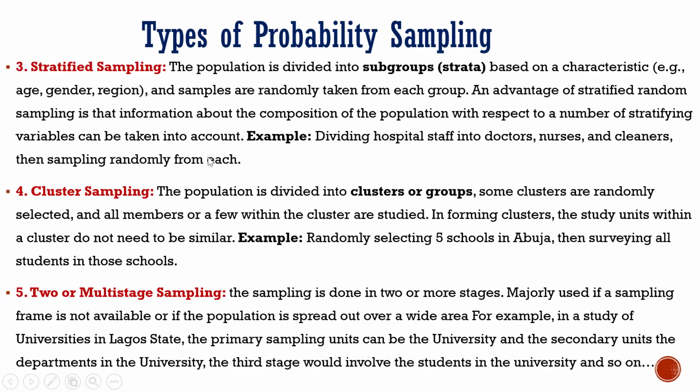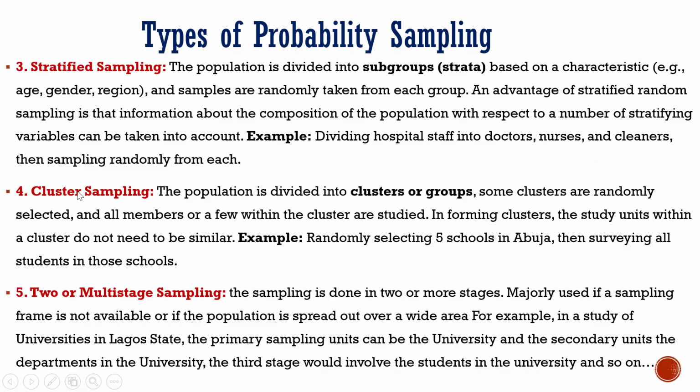Then you randomly select from each group. Okay, so in stratified sampling, each of the subgroups is evenly represented because you randomly selected from them. So that is stratified sampling.